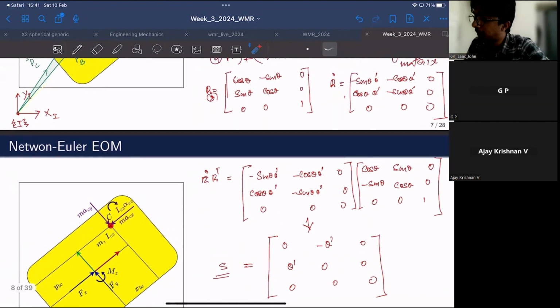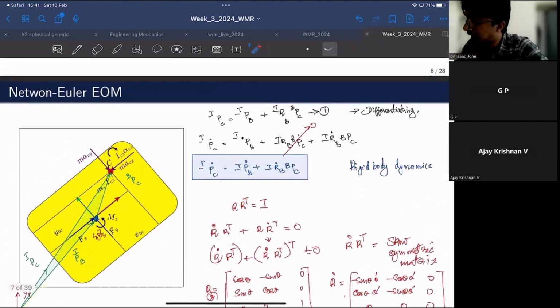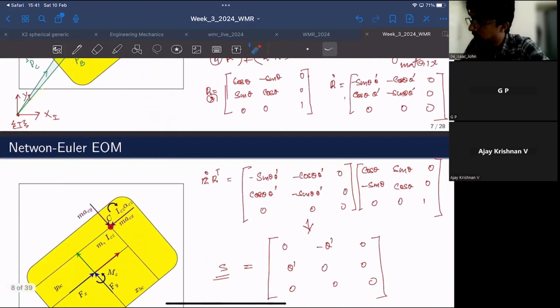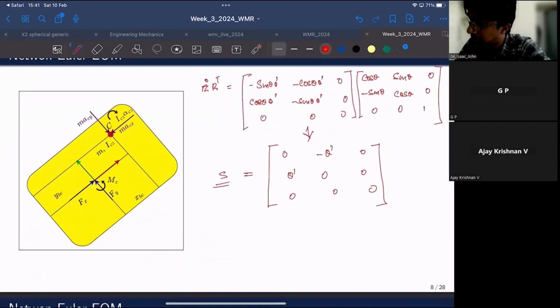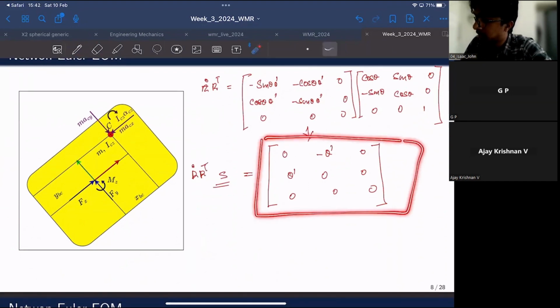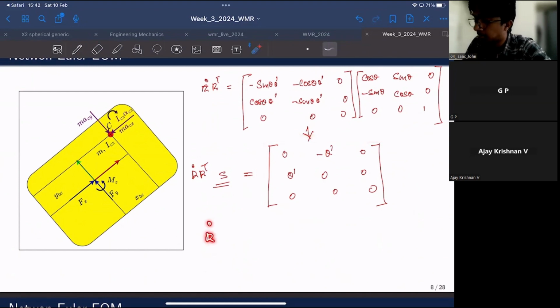So going back to the previous expression, we are interested in finding what this R dot is. Over here we have R dot R transpose as this matrix. Then what will be R dot?